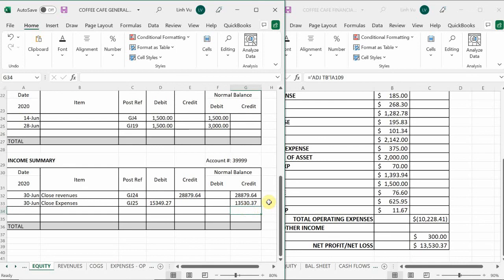So that means we ensured that our numbers are matching up 100%. So here, the income summary should equal whatever number that you solved in your income statement. So in this case, I have 13,530.37, which is correct. Okay.